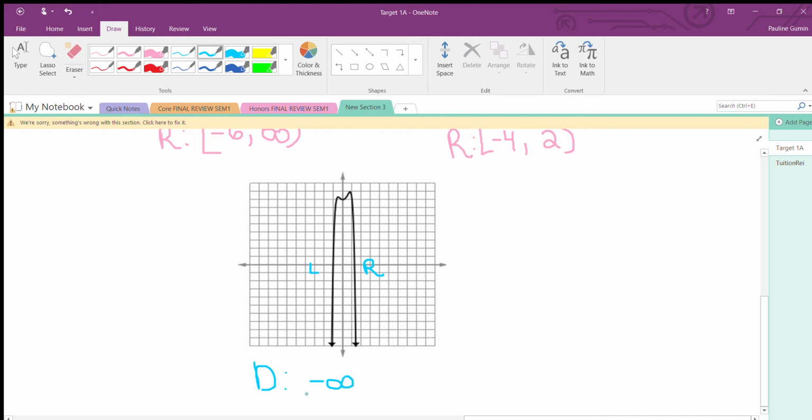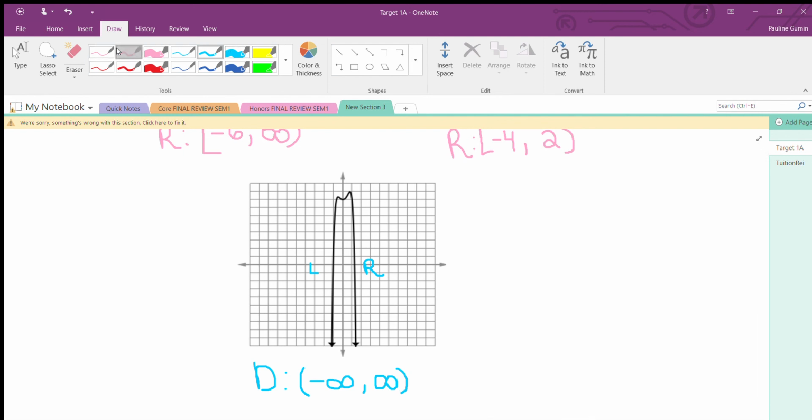Because not only am I going down, I'm also on the left-hand side. So I'm just going to keep getting smaller y's and smaller x's. On the right, I also have a down arrow. That's fine. As long as that arrow exists on the right-hand side, that means our x's exist. They're getting infinitely larger because it's on the right.